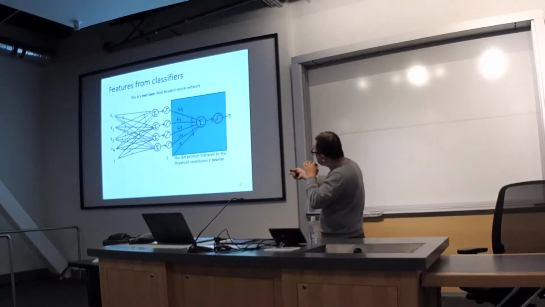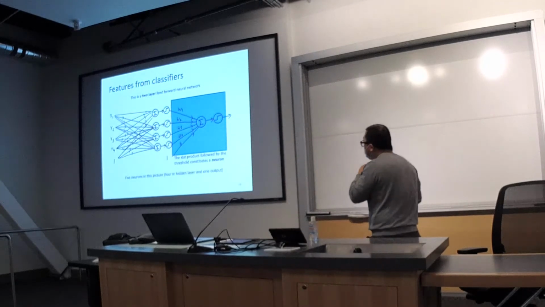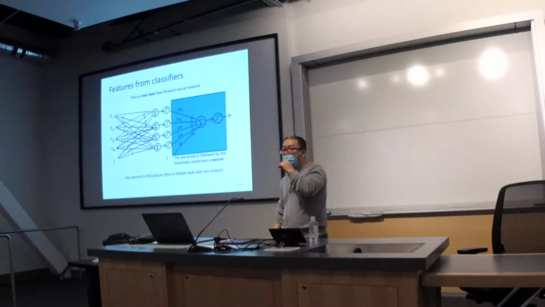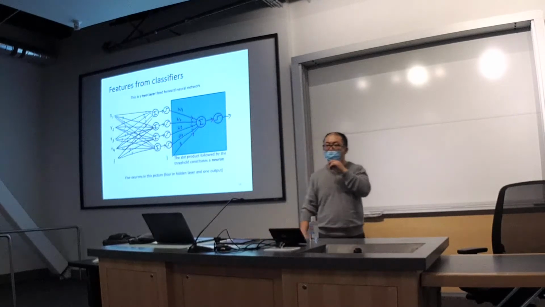So we merge the two nodes together and call this merged node a neuron. To get the output of the neuron, we first do the summation and then perform some transformation. In this way, our two-layer feed-forward neural network will contain 1, 2, 3, 4, 5 neurons: four neurons in the hidden layer and one neuron in the output layer.